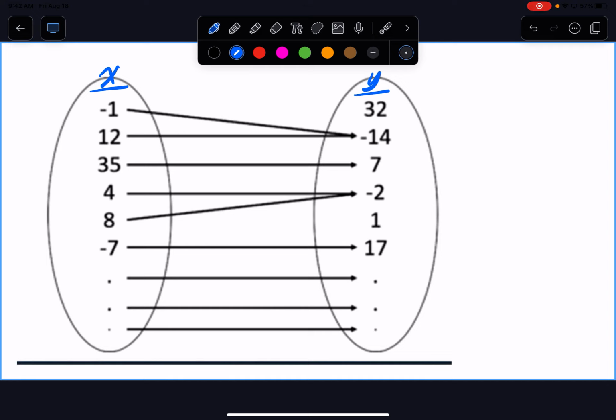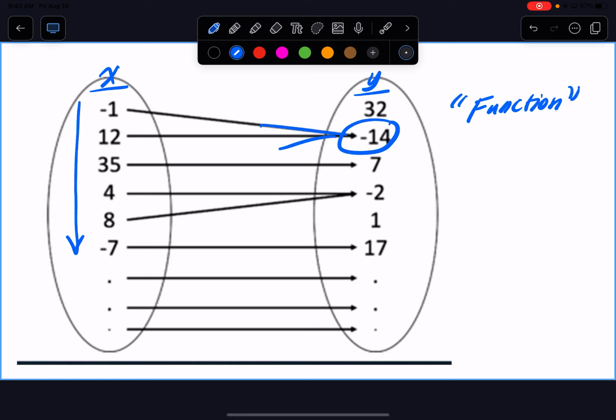So look at these x's. Each of these x's is only pointing to exactly one location. Do you guys agree? So it does get the special name function. What was throwing people off was if we were to look backwards, isn't negative 14 pointing to two things, everyone? But that's not what you do to figure out a function. It's the other way. Your x's can only point to one place.